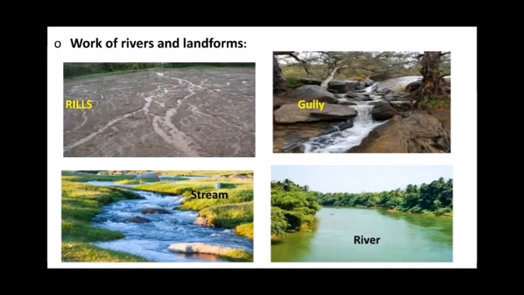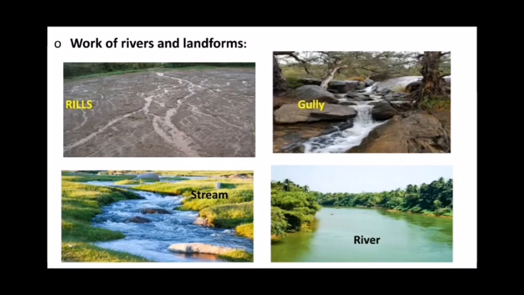The sediments mean material like mud, soil, pebbles. All these things are eroded or transported or deposited according to some factors. It depends upon how much water is flowing in the river, what is the length of the flow, or how many sediments or soils are present in the river.